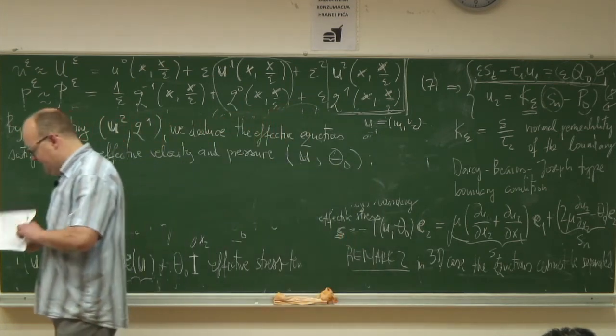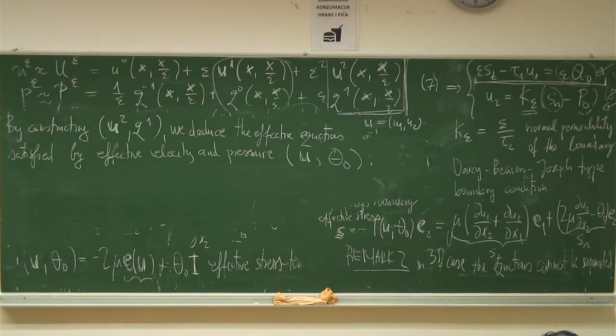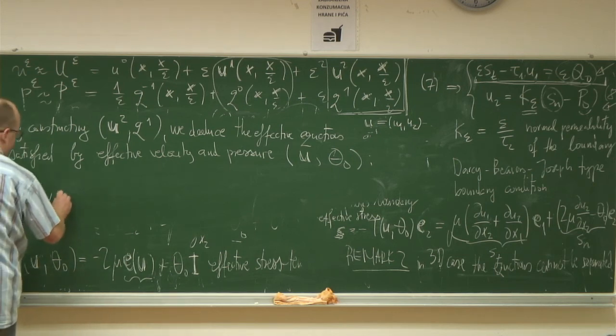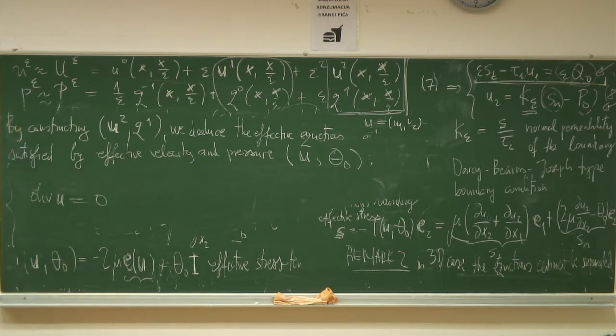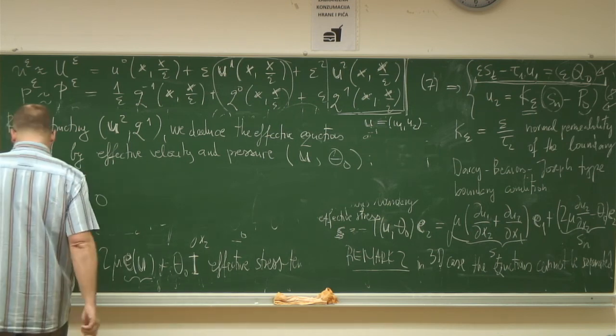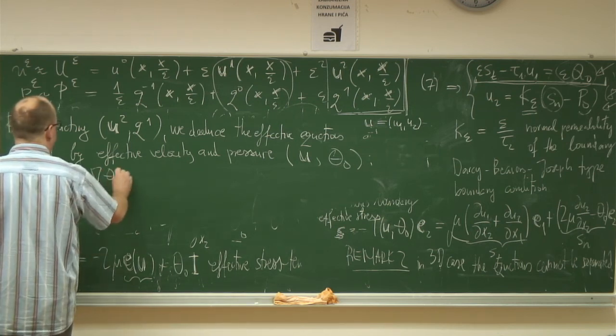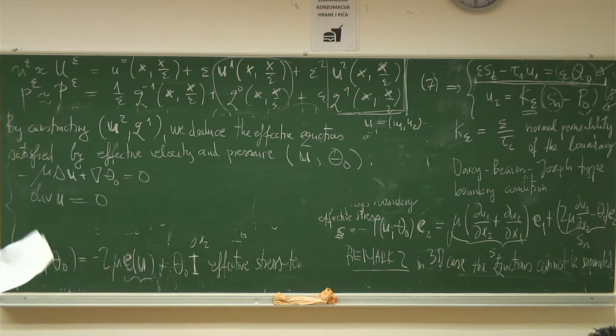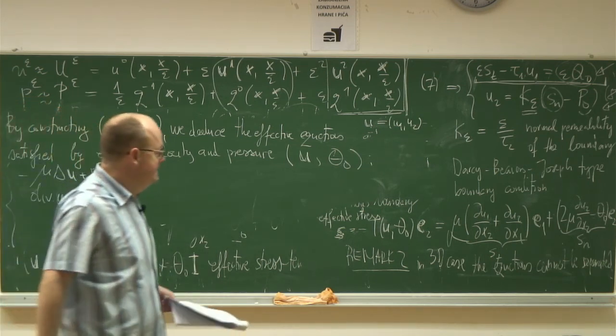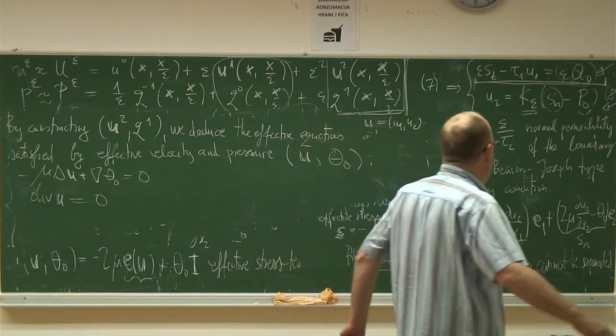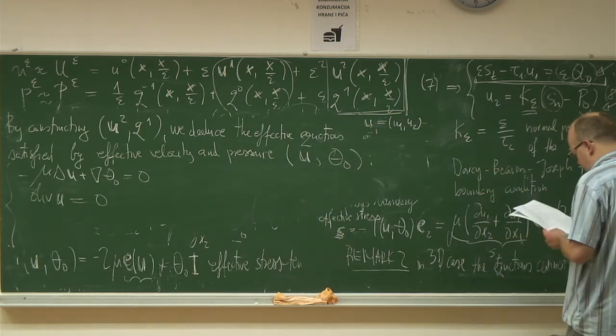And as I indicated before, we already, if you recall, obtained the zero divergence condition. For the momentum equation, we obtain Stokes system, which was to be expected. Our main aim here was to derive the effective boundary condition.